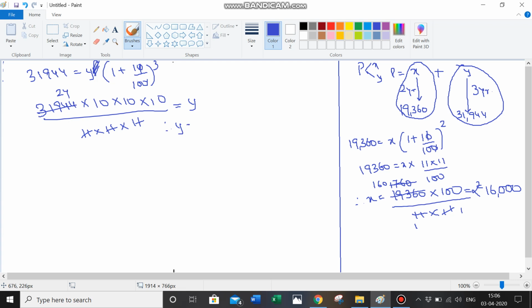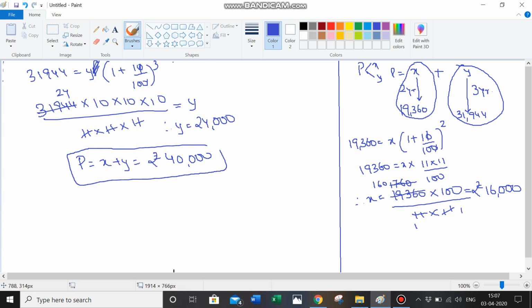Therefore, Y is equal to 24,000. And P is equal to X plus Y, which is 24,000 plus 16,000, which is rupees 40,000. That's my final answer. Now, homework question. Homework is question number 4, question 5, question 9, and question number 10. Thank you. Take care and be safe.